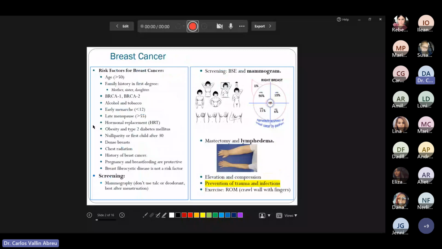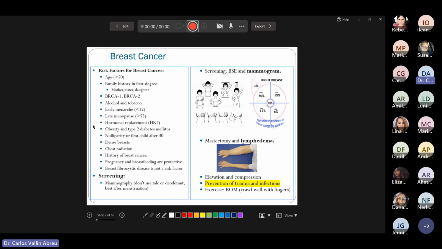Breast cancer is number one because it's the most common in women. The main risk factor is to be a woman. This is stupid, it's not going to be tested, but it's the main risk factor. If you are a man, you are less afraid of breast cancer than a woman. It's very rare in men.